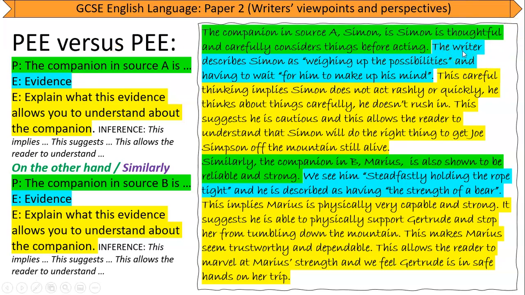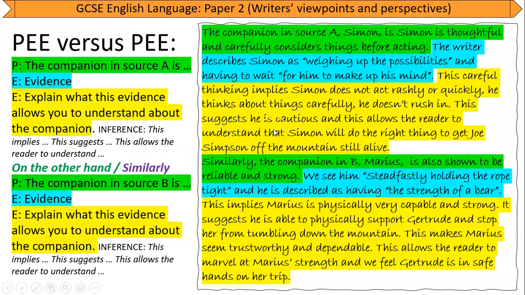This careful thinking implies Simon does not act rashly or quickly. He thinks about things carefully. He doesn't rush in. This suggests he's cautious. This allows the reader to understand that Simon will do the right thing to get Joe Simpson off the mountain still alive. Now I'm going to compare that with B.